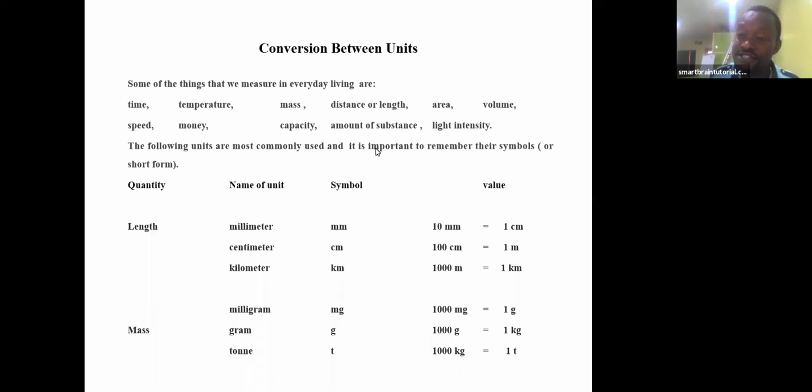We measure speed. We measure money. And then we measure capacity, which is volume of liquid. We also measure amount of substance. We measure light intensity, that is the brightness of a light.